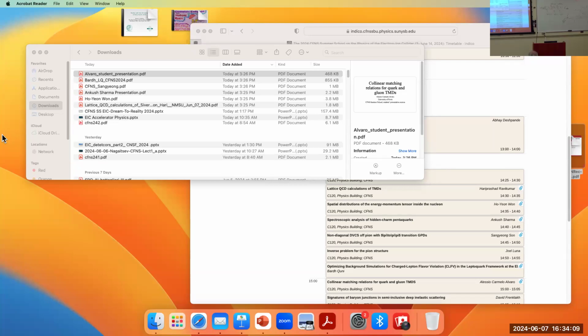So this distribution can be measured, and you can check whether the exponential is what is predicted by this or by other pictures. Okay. Let me stop here.